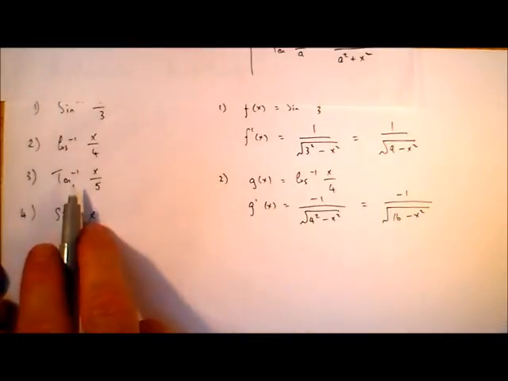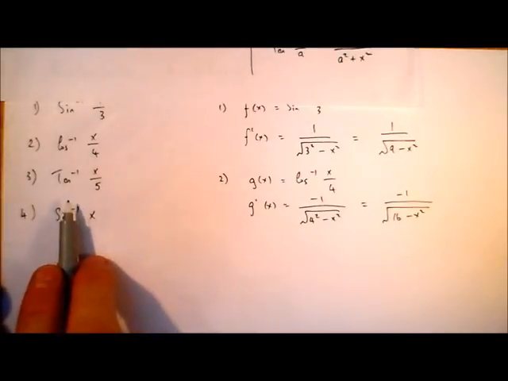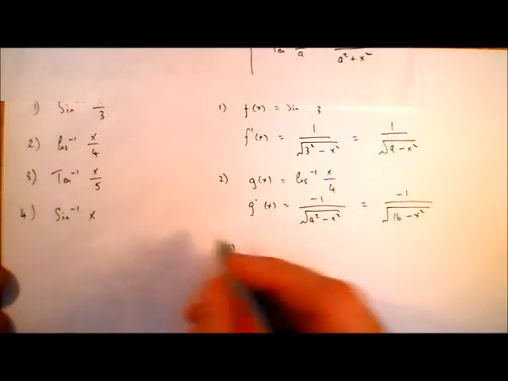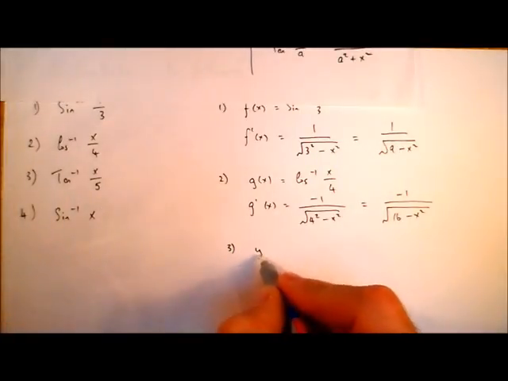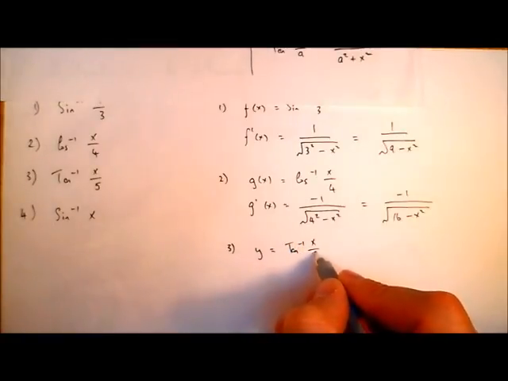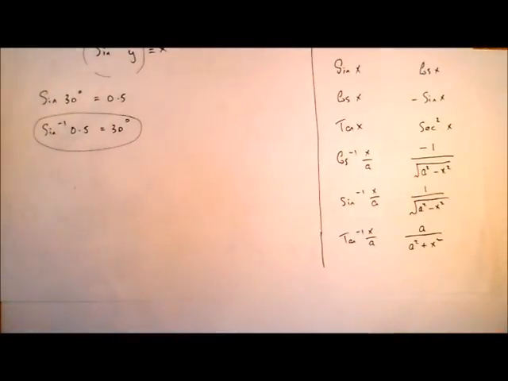Again, very straightforward. The third one is tan inverse x over a. Let's use a different notation here. Let's say y is equal to tan inverse x over 5. We want to differentiate that. The rule for tan inverse says tan inverse x over a differentiates to give us this.